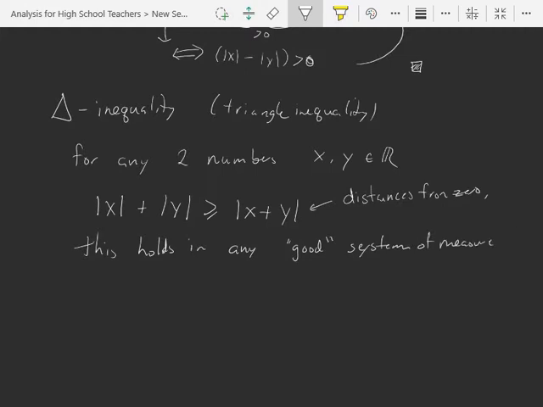So if I was going to measure the distance between any two objects in some other way besides just straight line distance, I would definitely want this triangle inequality to hold. This is an axiom for what we call metric spaces.